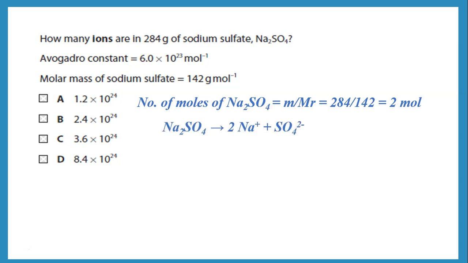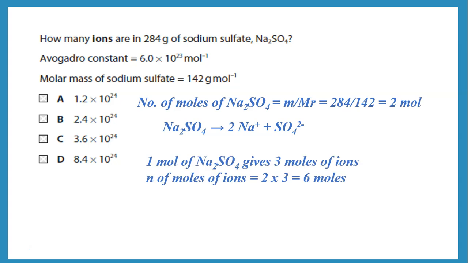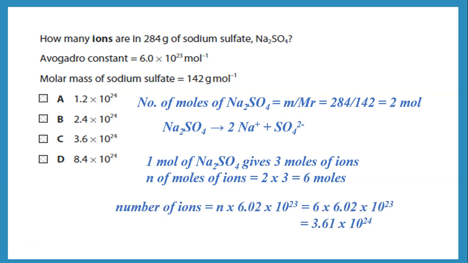You should realize that if I ionize sodium sulfate, it will give 2 sodium ions and 1 sulfate ion, and that means 1 mole of sodium sulfate gives 3 moles of ions. And that means the number of moles that I have, I multiply by 3, so actually I have a total of 6 moles of ions. Multiply that by the Avogadro constant, that gives the number of ions. Are we following?